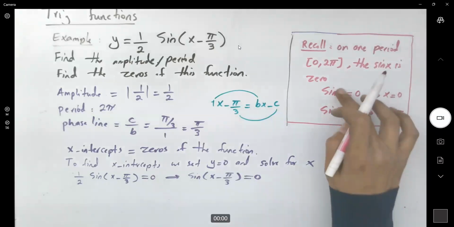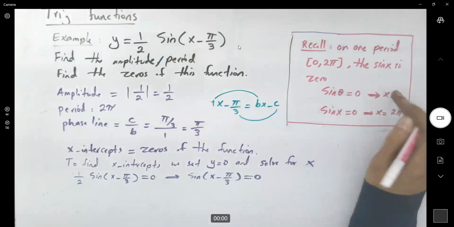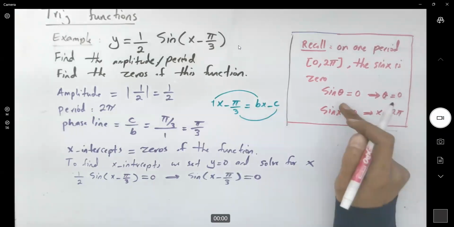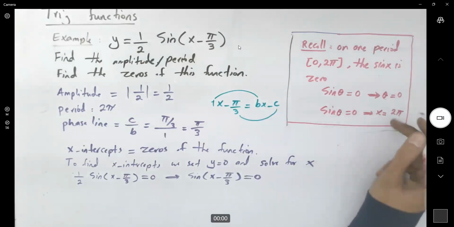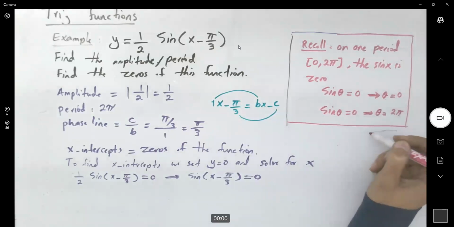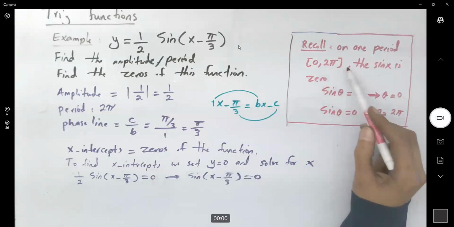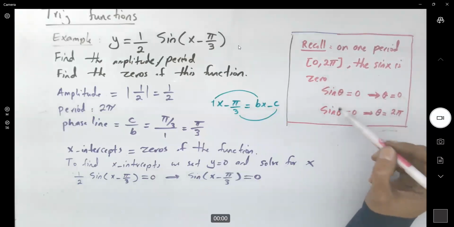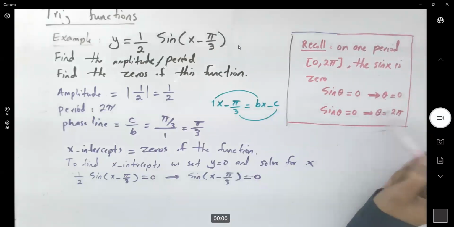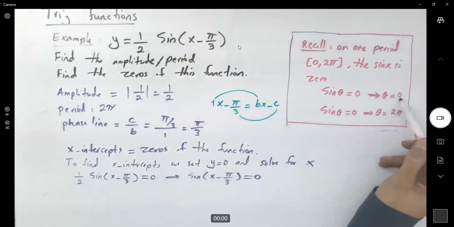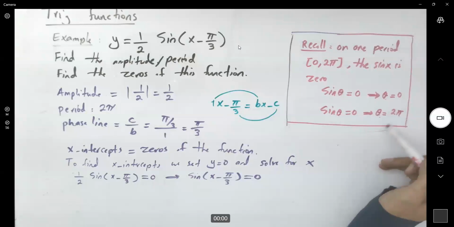No matter what the variable is, it might be theta or t, any other variable is acceptable. So over one period, 0 to 2 pi, sine is 0 at two angles. One of them is 0 and the other one is 2 pi.